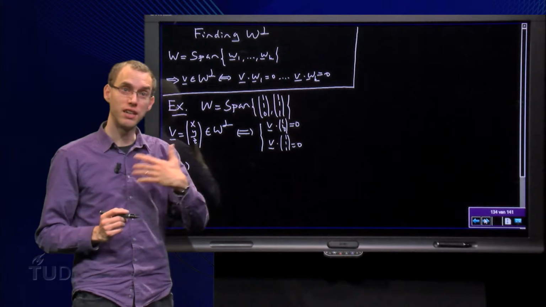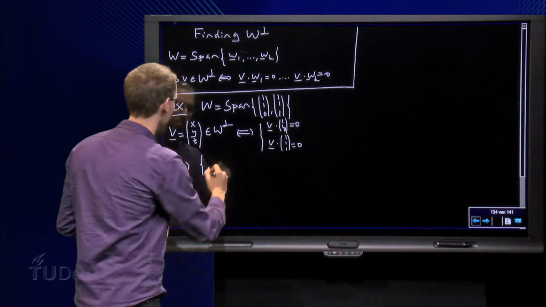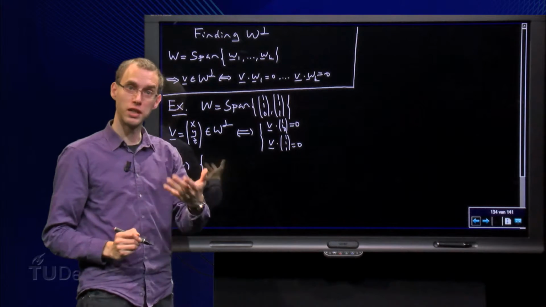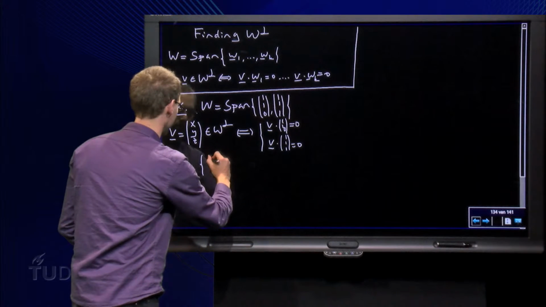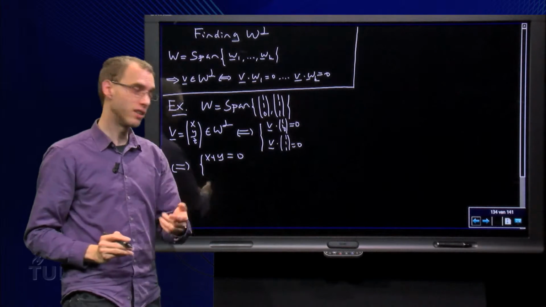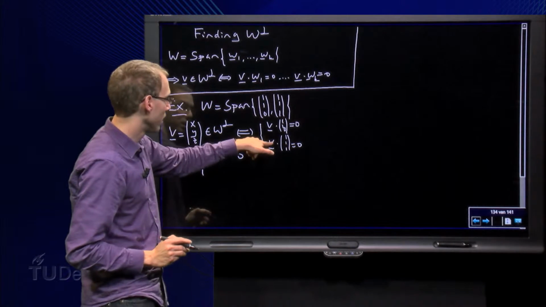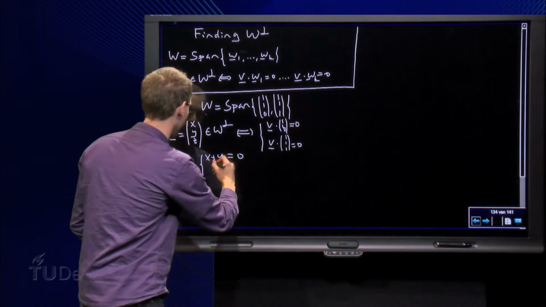So that gives me two linear equations. This one yields x plus y plus 0 times z, so x plus y equals 0. And the second one, we have (x, y, z)·(1, 1, 1), so x plus y plus z equals 0 as well.